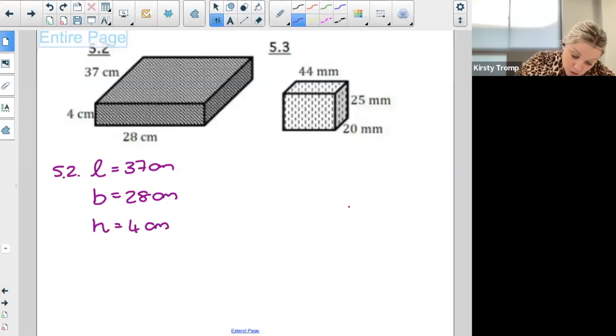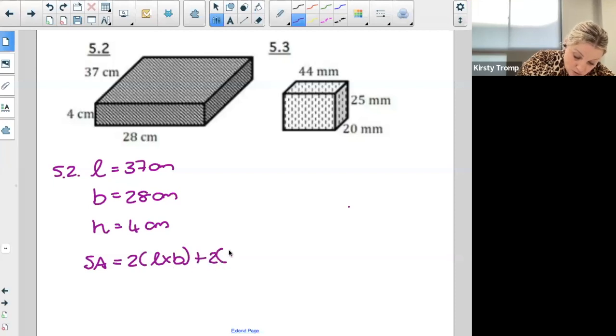So surface area equals 2 length times breadth plus 2 breadth times height plus 2 length times height.